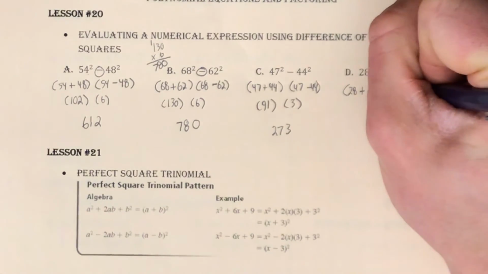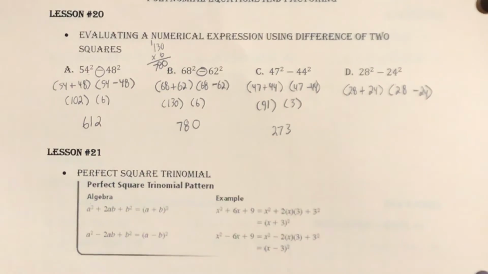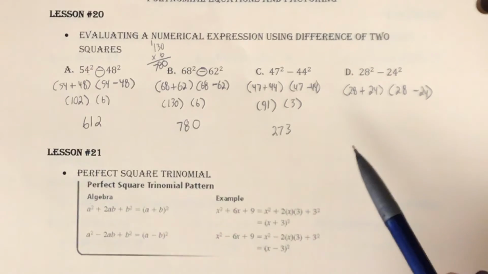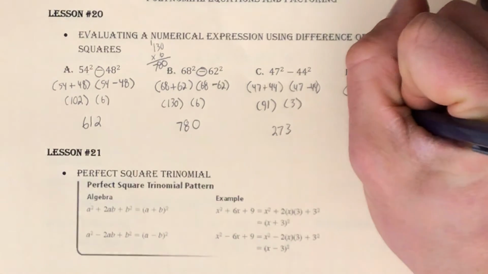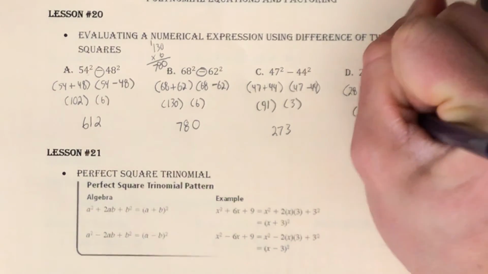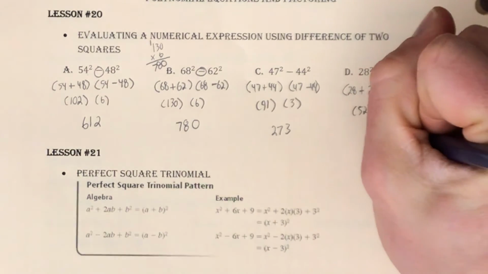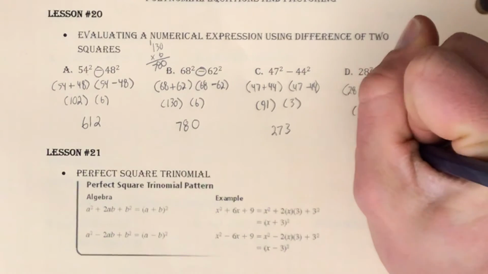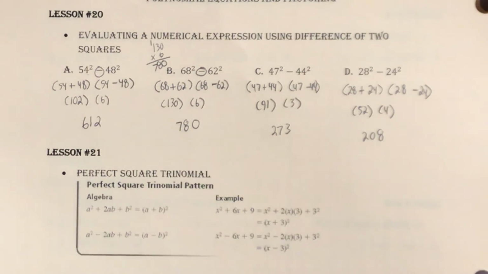The second term of each one is going to be the 24 here. 28 plus 24: 20 plus 20 is 40, 8 plus 4 is 12, and 40 plus 12 is 52. 28 minus 24 is 4. So 4 times 52. 4 times 2 is 8, and 4 times 5 is 20. So 208.